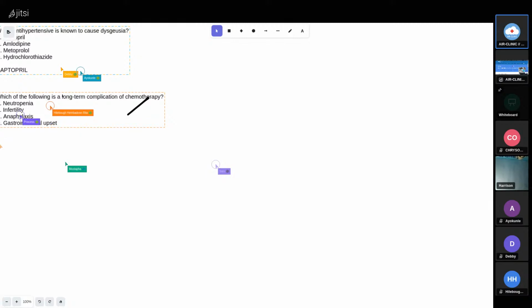So we have people choosing option B, which is infertility. We have two people choosing option A, which is neutropenia. All right, so we'll go for infertility.